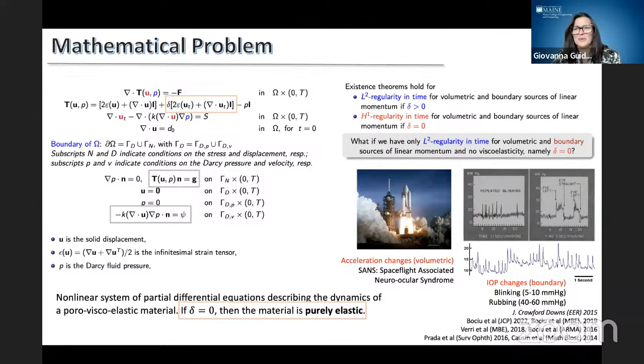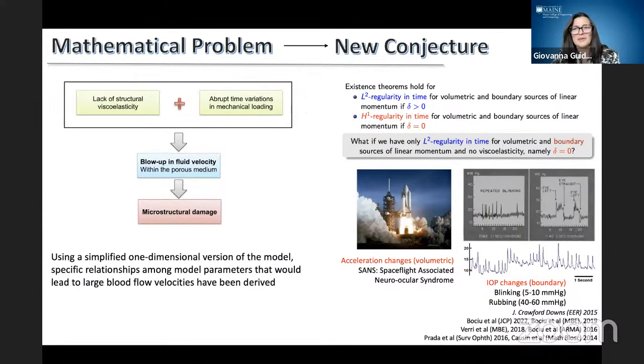And so why should that be relevant for glaucoma? Well, this led to formulating a new conjecture as to why we observe these hemorrhages in glaucoma patients. Basically, with age or with disease, the tissue may lose structural viscoelasticity.